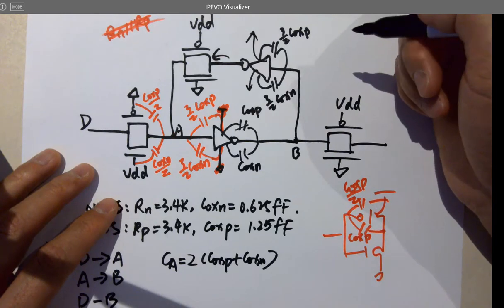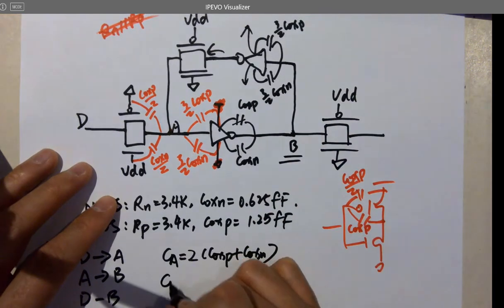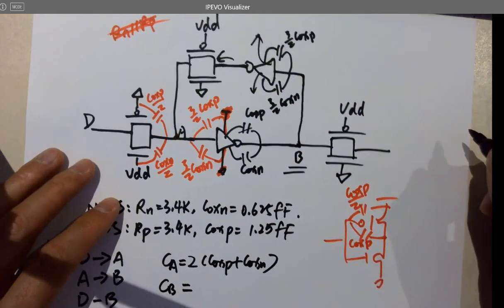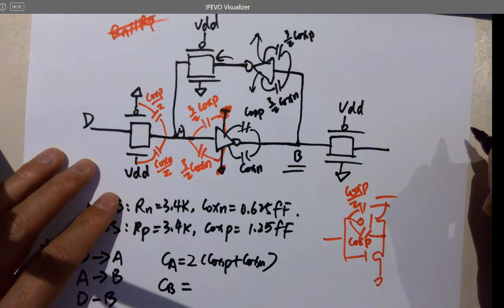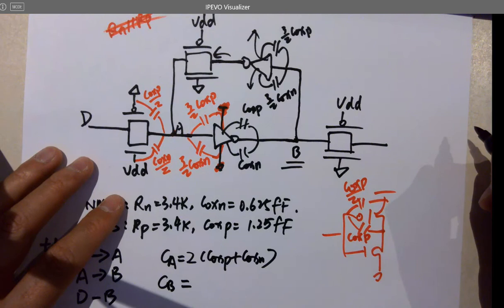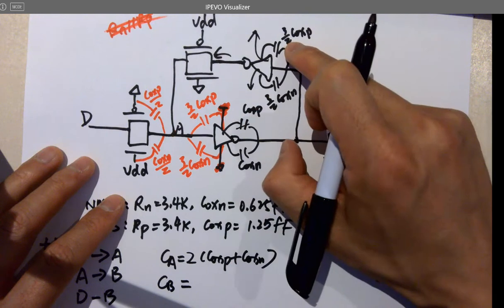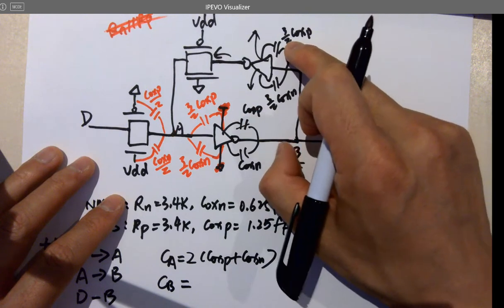Okay. So what about CB? Just add all of them together, right? So this is 1 times, this is 3 halves, so we're getting 5 halves.